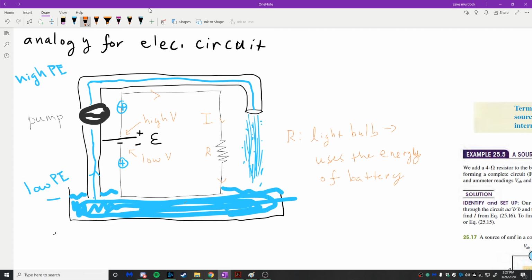Does that analogy make sense to you guys? So what would be an analog to the resistor then? Can you guys think of anything that would be an analog to the resistor?